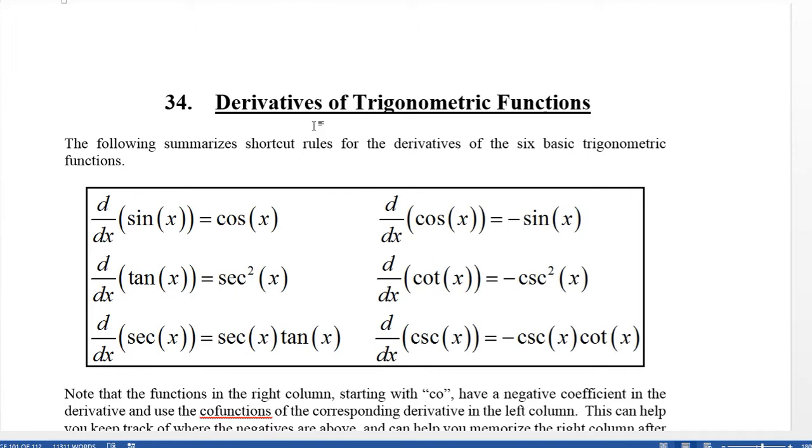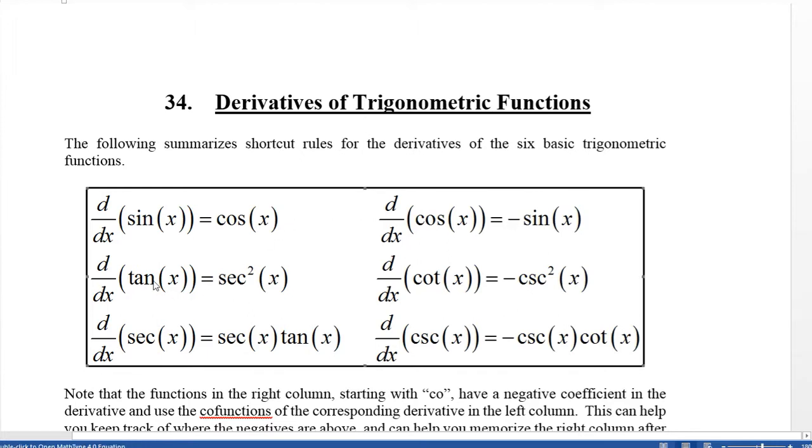All end up having a +1 coefficient in the derivative answer. But notice all the ones that start with cosine, cotangent, cosecant, all start with a -1, and you replace each function by its cofunction. So you replace sine by cosine, and in the cosine problem you replace cosine by its cofunction, sine of x. But the ones that start with co have a minus in front.